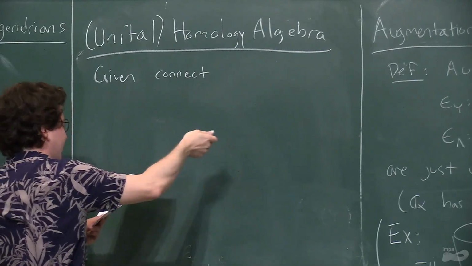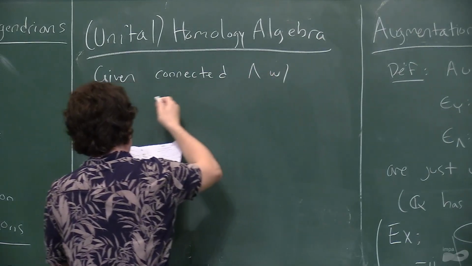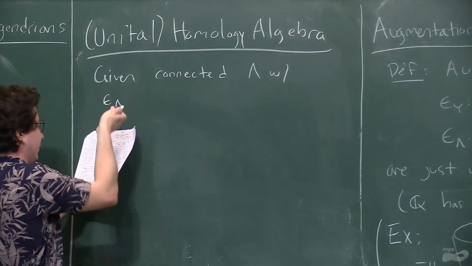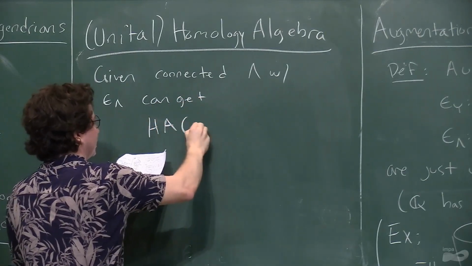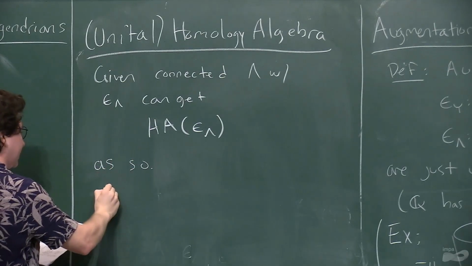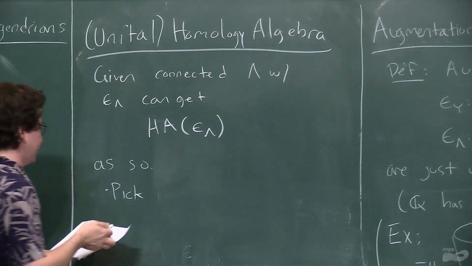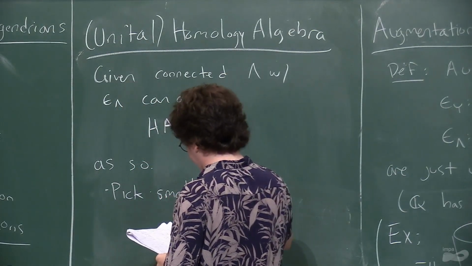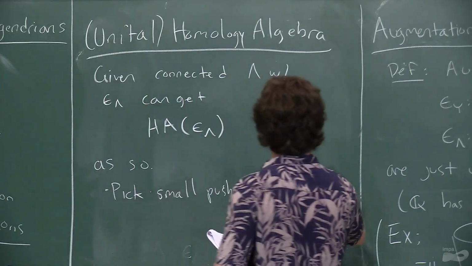We can take this setup and produce some analog of the self Floer homology of a particular object. In this case, it's the self Floer homology of an augmentation. So we could get some homology group associated to an augmentation. This is the standard thing you do when you set up the Floer homology of a Lagrangian. You just have to be careful with the augmentations. So, okay, you pick a small push-off, lambda prime, of the augmentation that you're interested in.